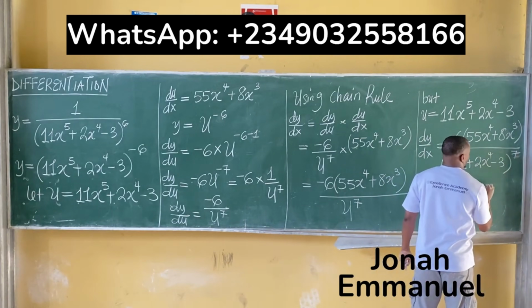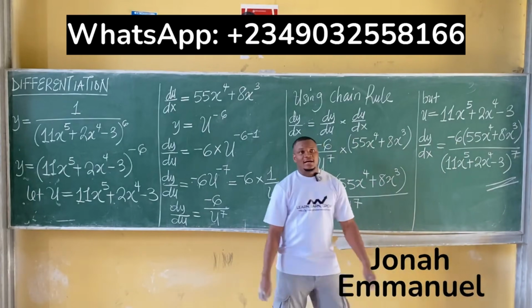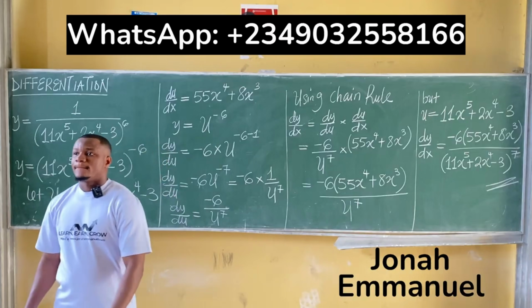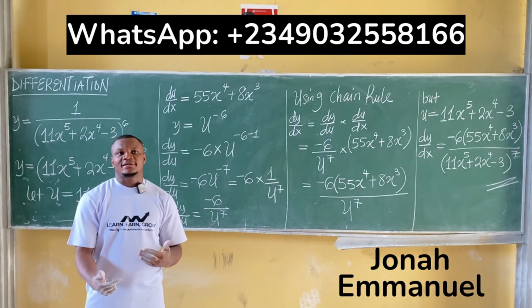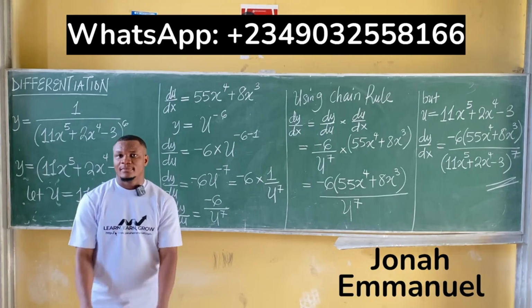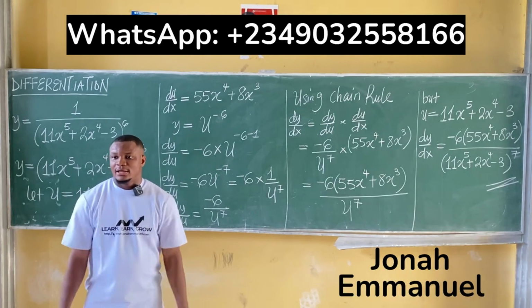To power 7. This becomes the answer of the question. Please, any question, please? Right? u, du/dx, y, dy/du, then multiply them. Bring back u, and that's about it.